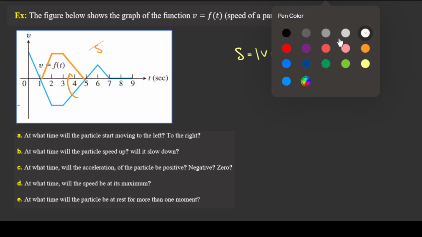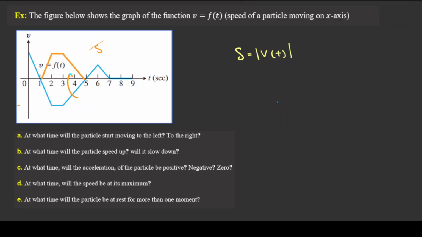I'm just gonna change the color. For example, say we have negative 2 here. At t equals 0, the speed is 2, right?